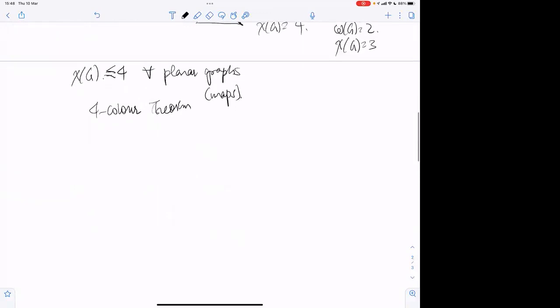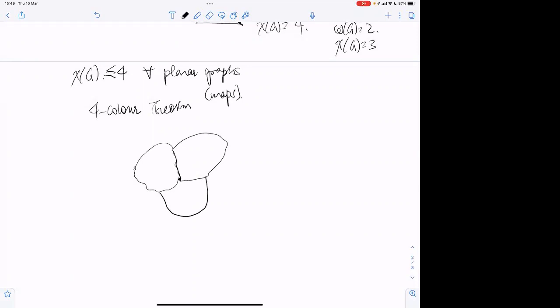So what does it mean? So what is a planar map? A planar map is what you would expect. It is a graph in which there are regions, and the regions touch each other in boundaries. We don't count. So here, these 3 touch each other.